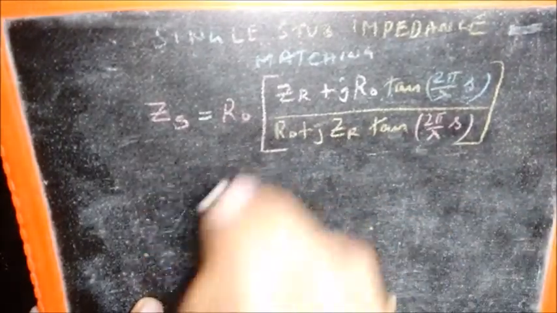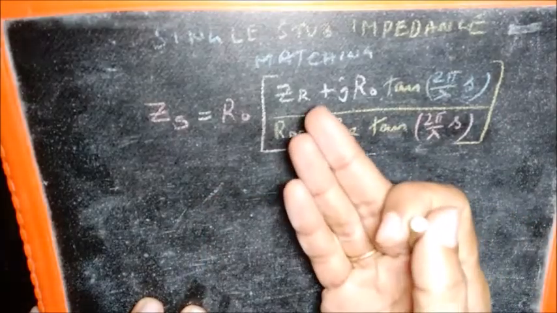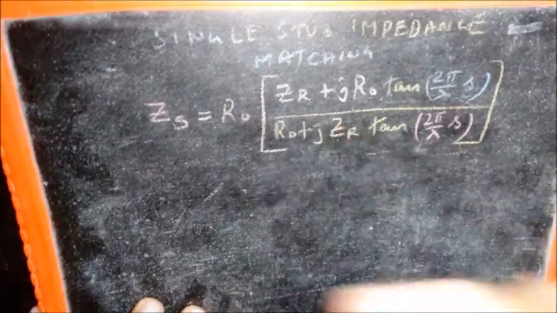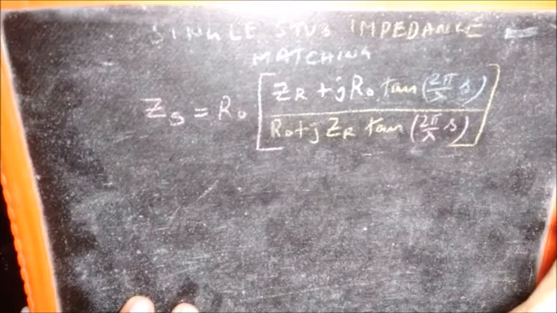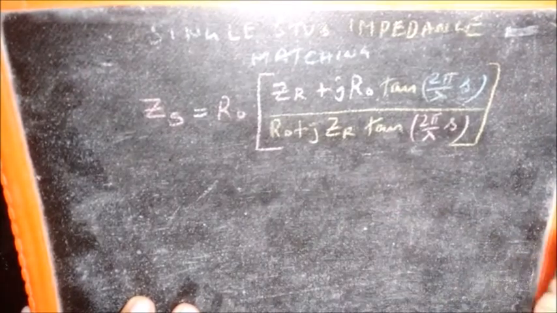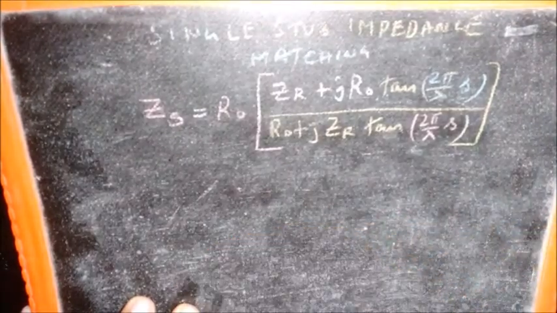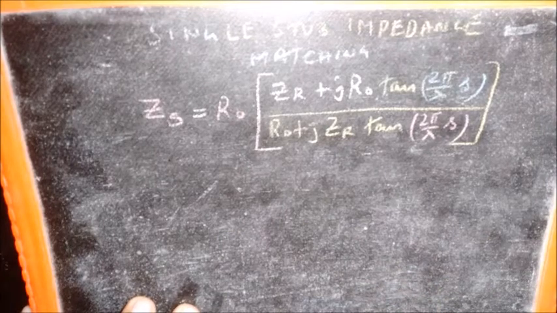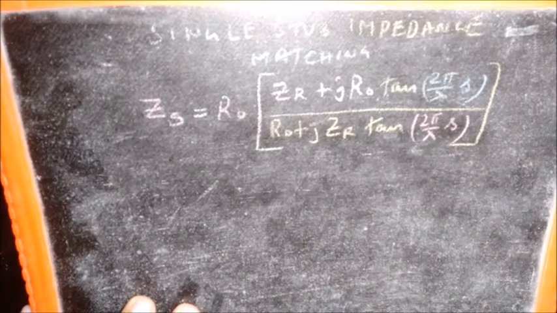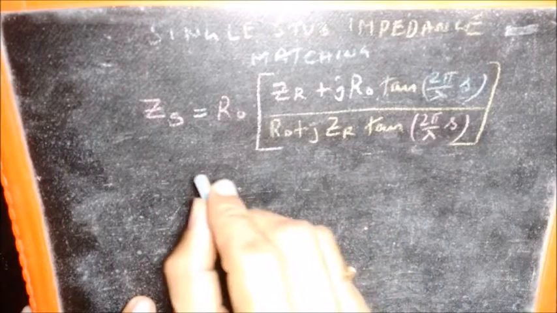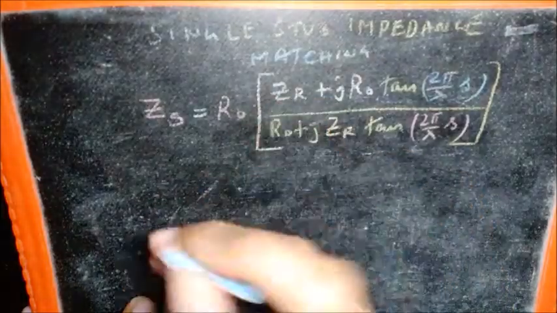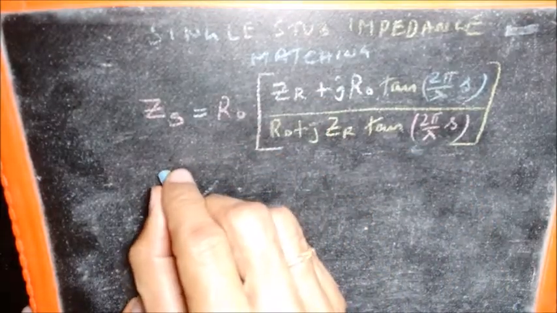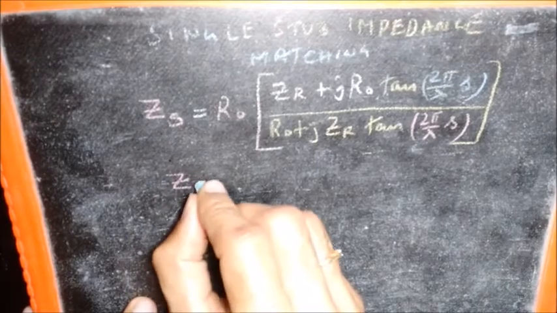earlier as to what happens if ZR is 0. So ZR is basically the load impedance which is connected at the transmission line output, that is on the far end from the source. And if that is 0, it means that the transmission line is short circuited. If you substitute ZR as 0, we get the result as Z short circuit.